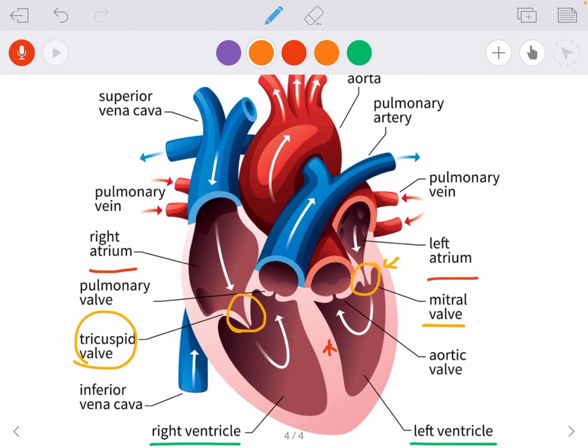One of them is called the pulmonary valve, okay, because this valve leads to the pulmonary artery. The other valve on the left side of the heart in a similar location is called the aortic valve because this valve connects the left ventricle with the aorta, the largest artery.